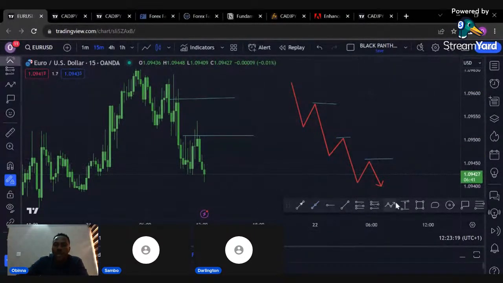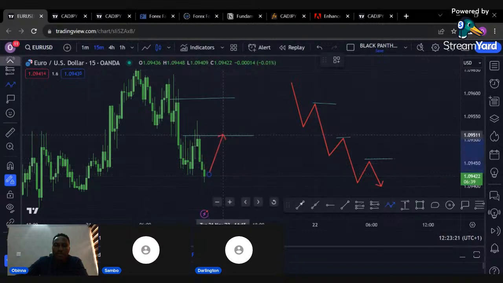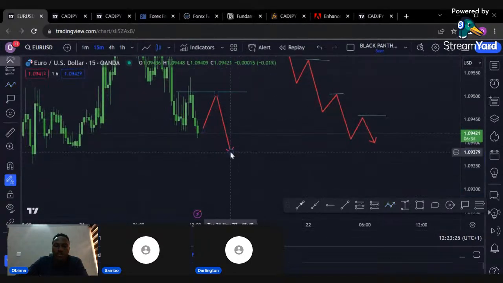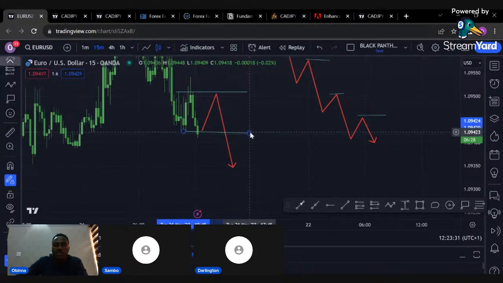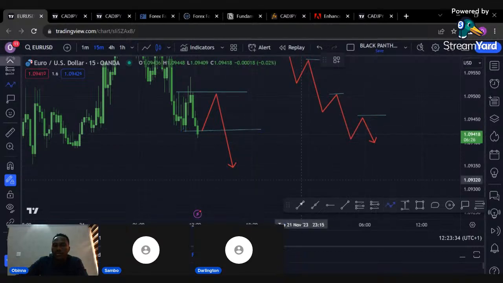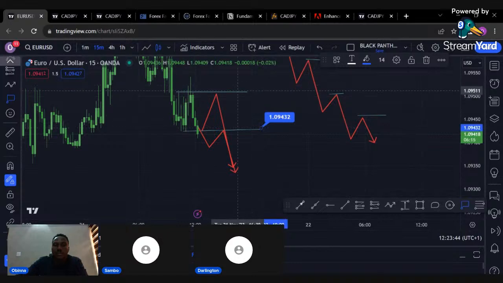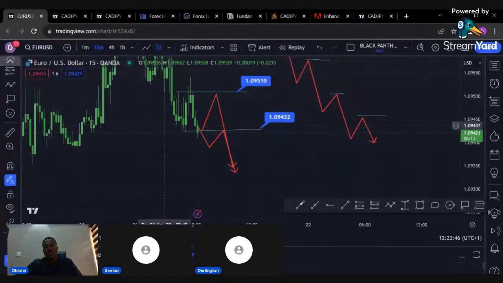Either you want price to pull back to this place for you to continue going down. That's the first action. Or you want price to make a new lower high around here for you to continue going down. Okay, so I hope that is clear.